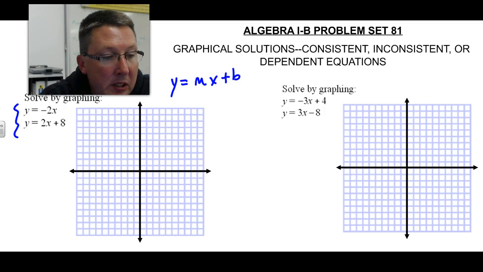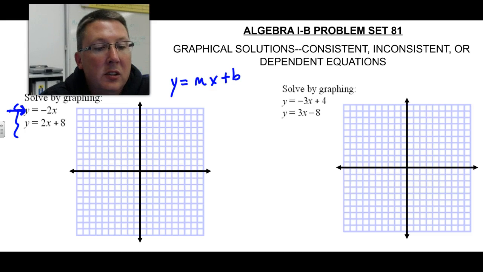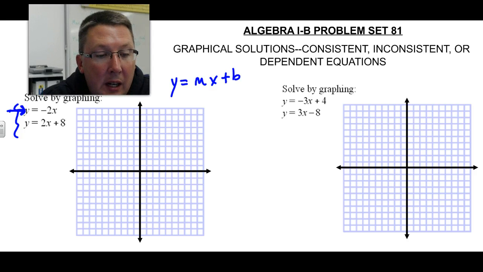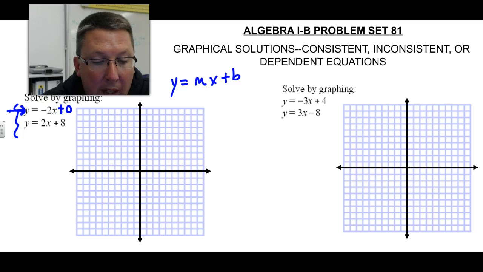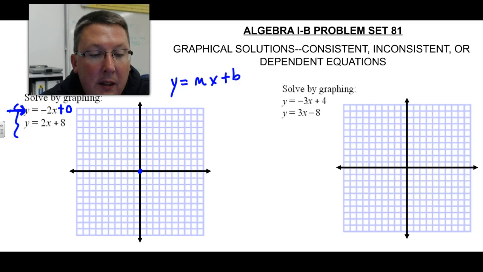So my first equation here, y equals negative 2x. This equation is solved for y. Right now I don't see a b on there, so I can always put a plus 0. So this first line crosses the y-axis at 0, and then has a slope of negative 2.